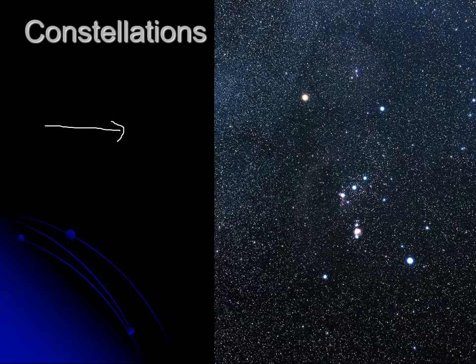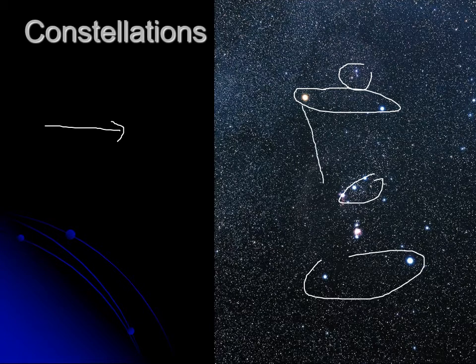Other cultures have looked up at the sky and seen the same stars, but they put them together differently. We see this as a guy's shoulders up here, there's his head, there's his belt, there's his legs down here. He's got a belt with a sword hanging down right there.